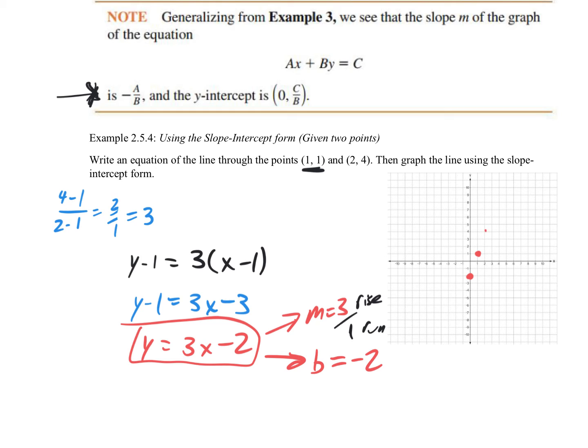And we can repeat this process to make as many points as we want. Okay, and I think that's enough for me. Let's go ahead and draw that line in. So essentially this is what the line looks like. And you could continue it backwards as well, going down 3 and back 1 space. Okay, so find the slope. That's kind of the key thing to start all of these.